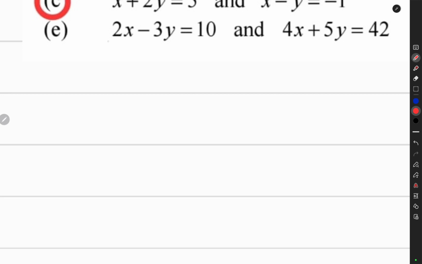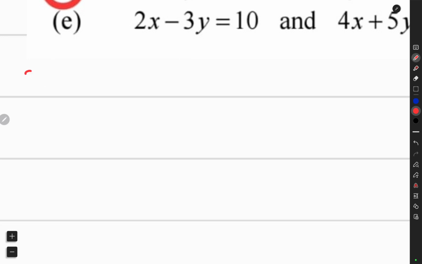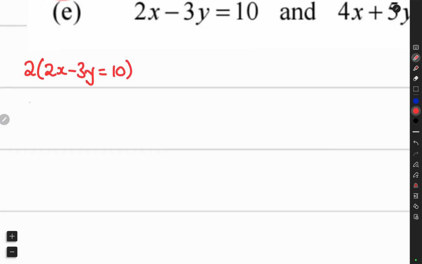Which number can we multiply with 2 to get to 4? I'm sure where you are at home you would have said it's 2. So you'll have to say that 2 should multiply the whole equation given, and you're going to get 4x minus 6y equals 20.